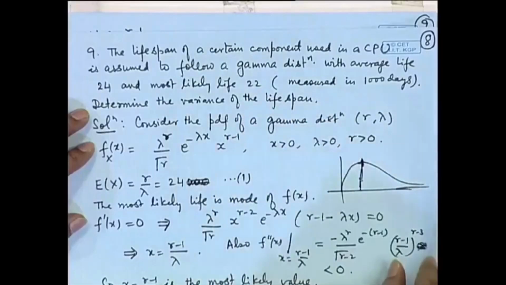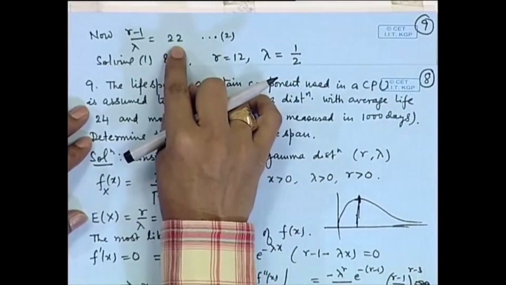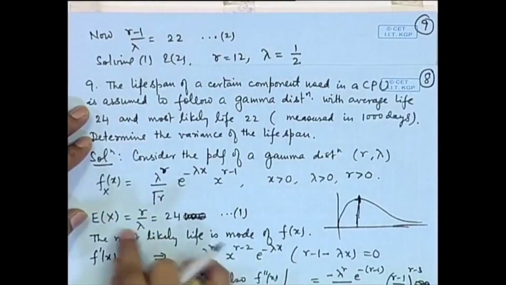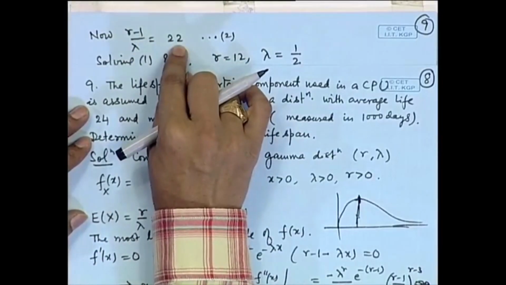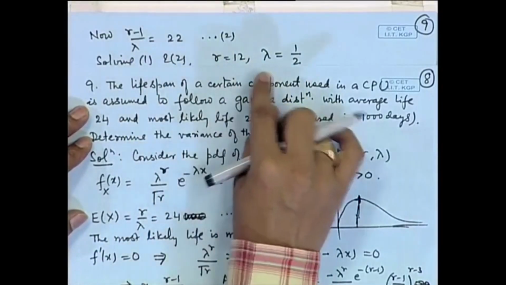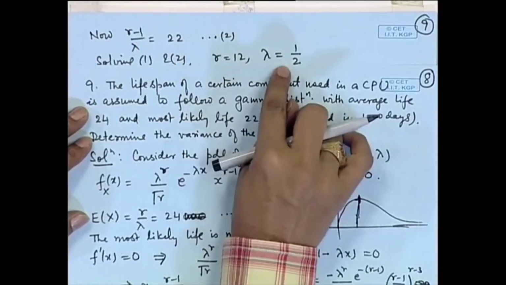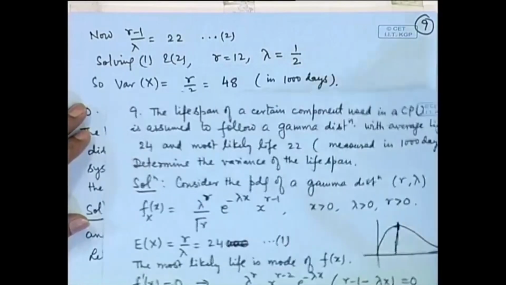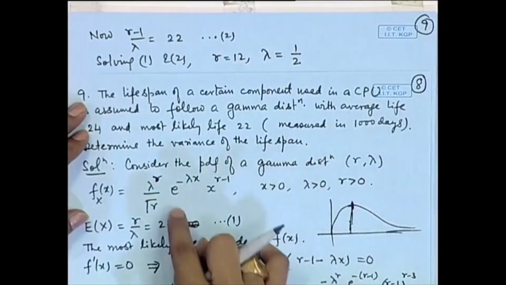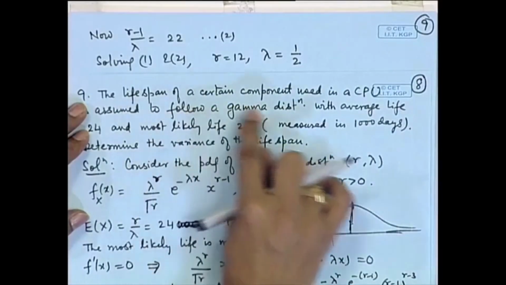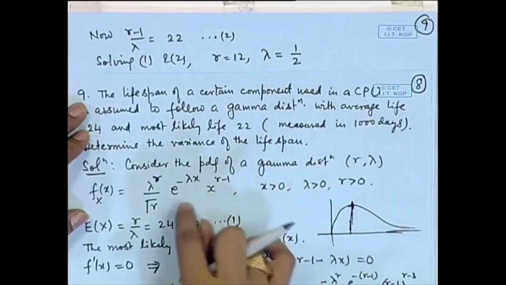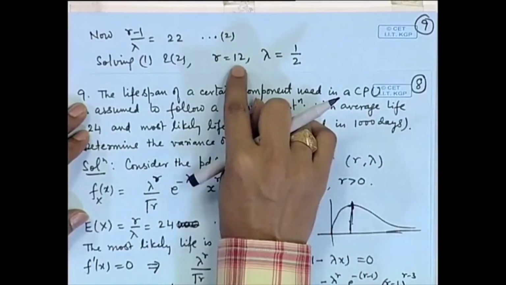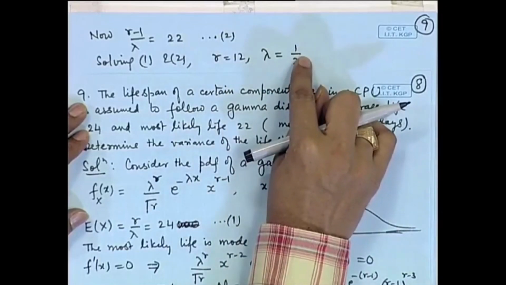It is given here that r minus 1 by lambda is equal to 22. So, we have two equations: r by lambda is equal to 24 and r minus 1 by lambda is equal to 22. If we simplify this, we get r is equal to 12 and lambda is equal to half. So, the distribution of the lifespan of a certain component used in a CPU is specified as gamma 12 and half.